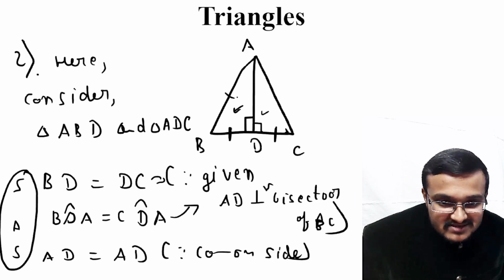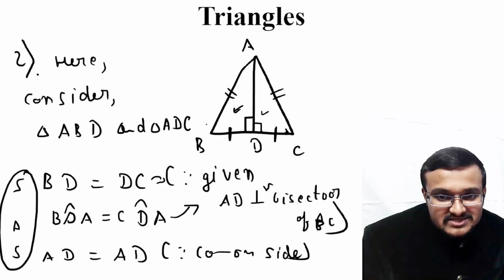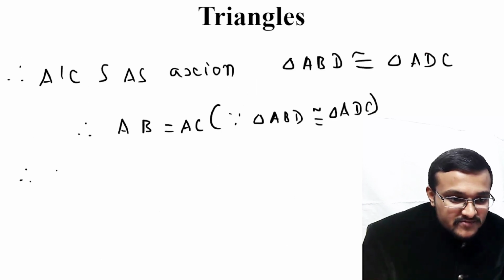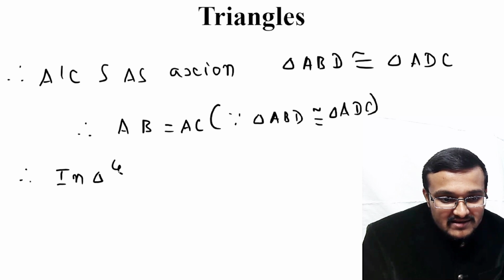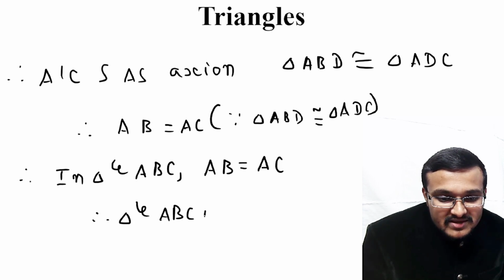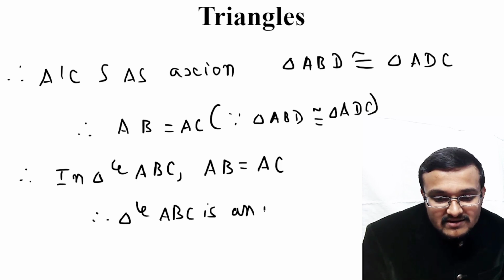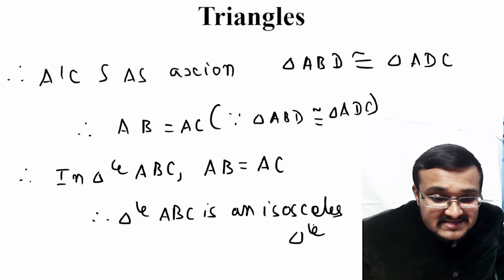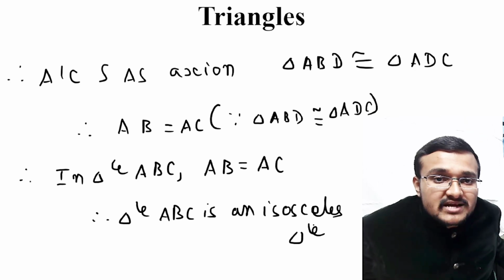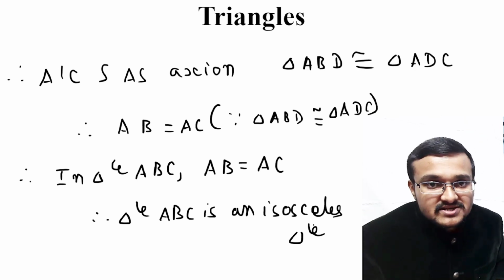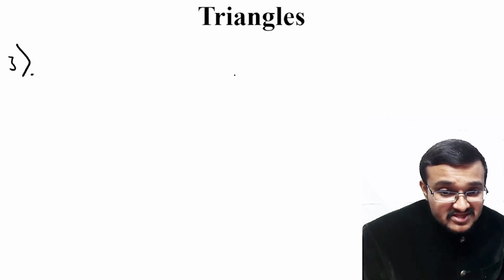So that means here this side is getting equal to this side. So therefore in triangle ABC, AB is becoming equal to AC. So therefore triangle ABC is an isosceles triangle. So here they have asked to prove ABC is an isosceles triangle, and we have proved that triangle ABC is an isosceles triangle. So now we'll look into the third question.